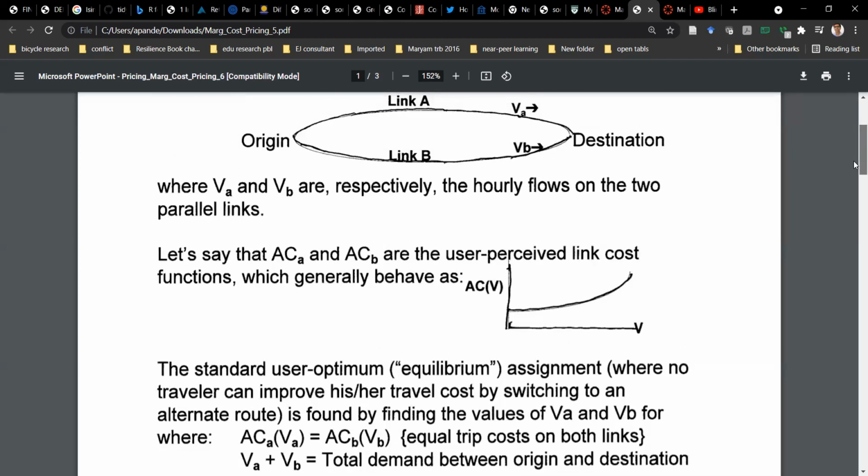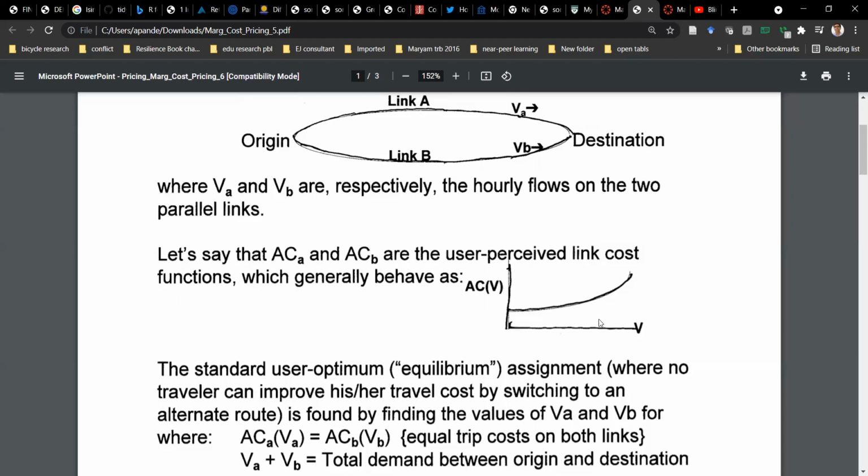And this is what we call the average cost function, because you're describing how much travel time one user will take given V people on that particular link. So that's what we can call the average cost of driving on that link.